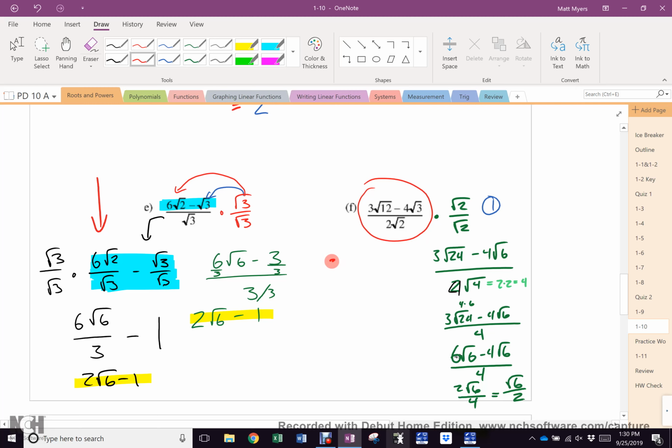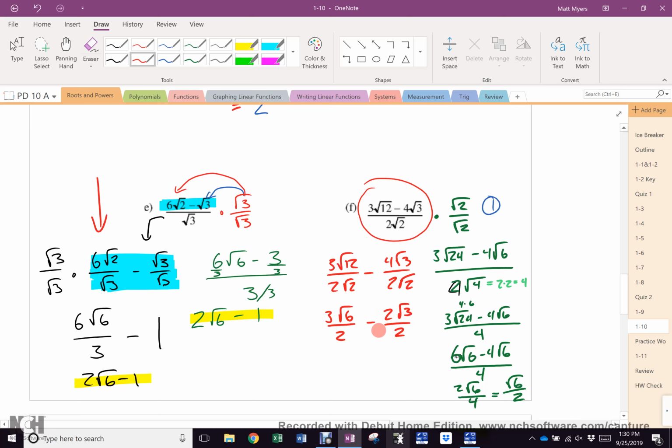Caden. 3 root 12 over 2 root 2 minus 4 root 3 over 2 root 2. Exactly. Now this could tidy up a little, right? Because the 12s divide, so I would have 3 root 6 over 2, right? And this, the 4s tidy up, minus 2 root 3 over 2, yes?